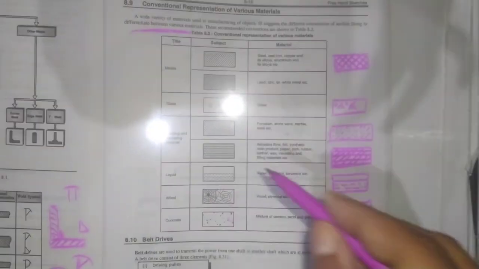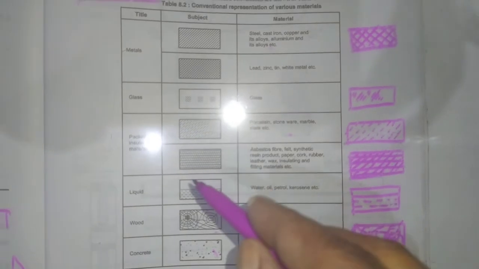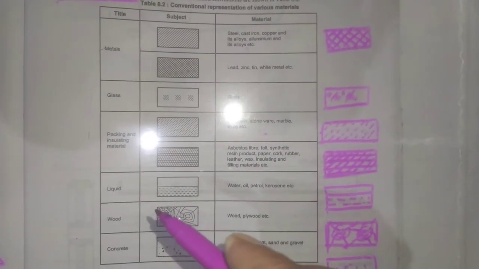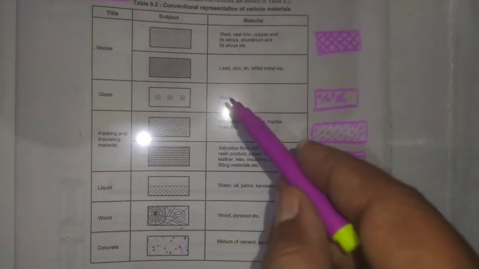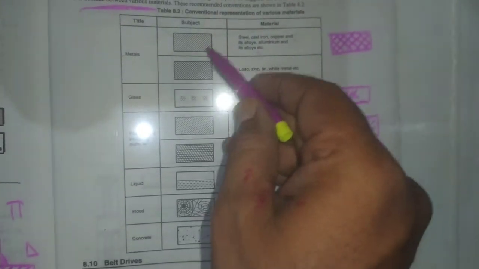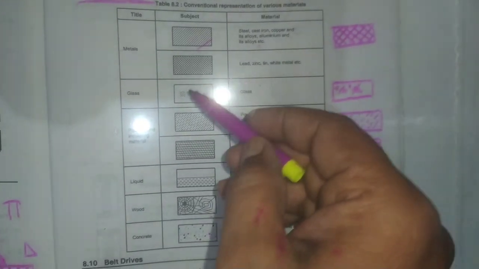Now, why has this symbol been given this character? Because when the material is cut, and if steel is cut and you see it under the microscope, the texture obtained is seen in this fashion. So these symbols are given on the material.